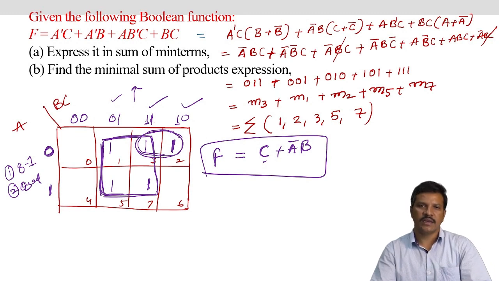After placing the ones, identify the highest priority groupings of ones in the K-map boxes. For 3 variables, first a quad, then a pair, and if no pair is possible, we go with a single one. Then we can write down the corresponding minimized Boolean function.